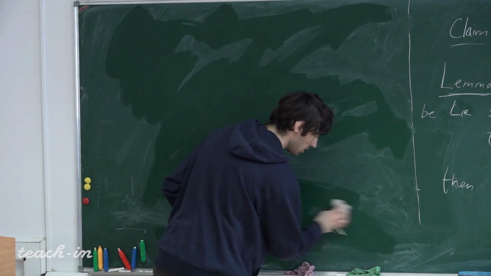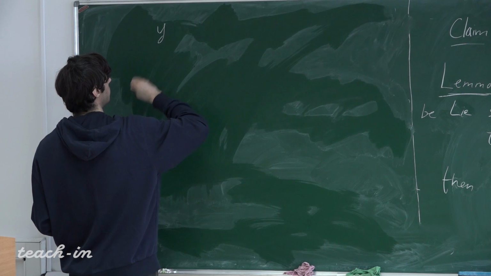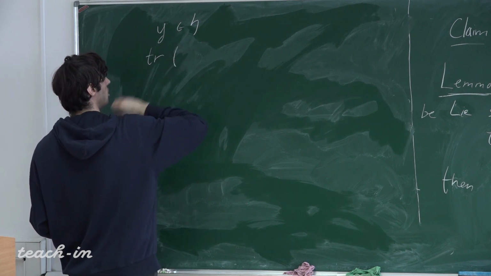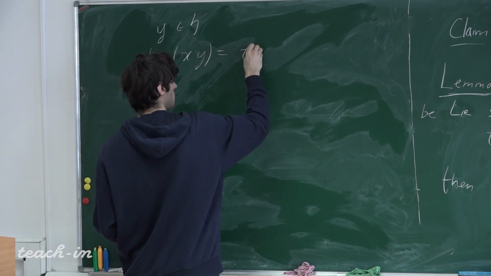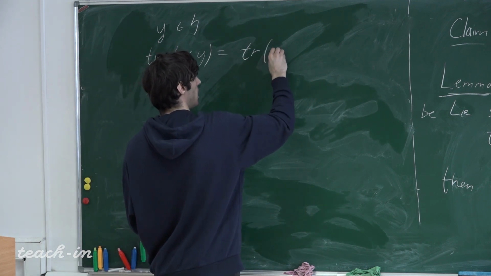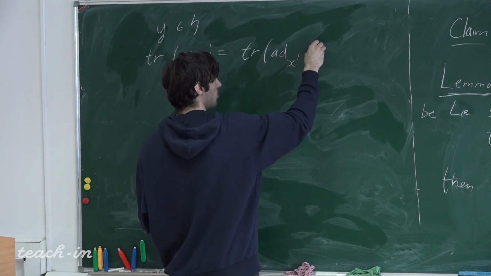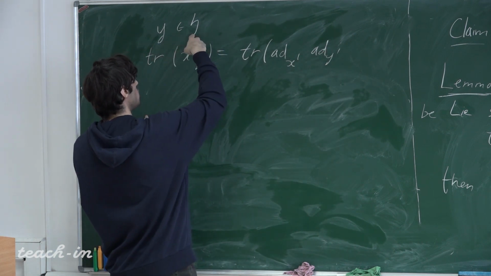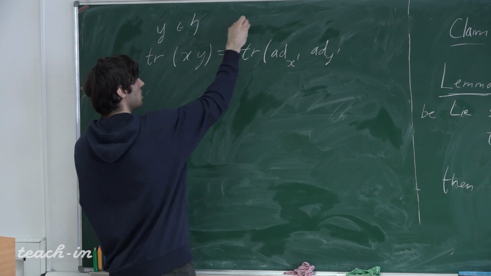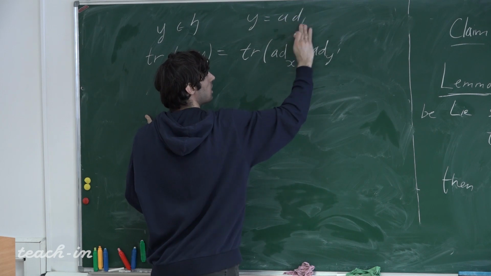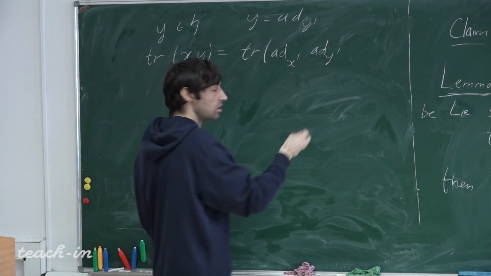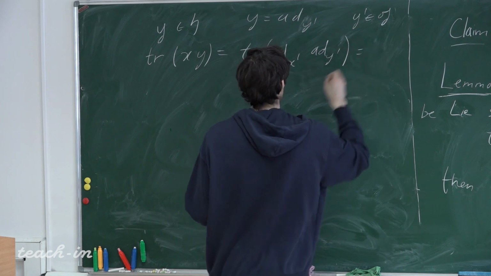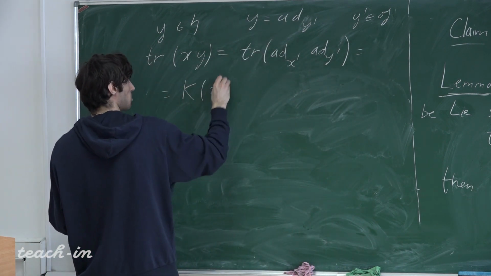Therefore, if I take some y from H and compute the trace of x, y, it will be the trace over G, of course, of ad x prime ad y prime, since H is an image of G, so y is ad y prime for some y prime in G. But this is the Killing form of x prime and y prime.